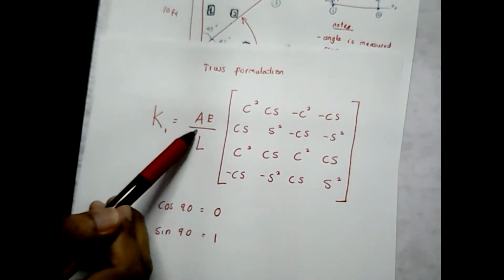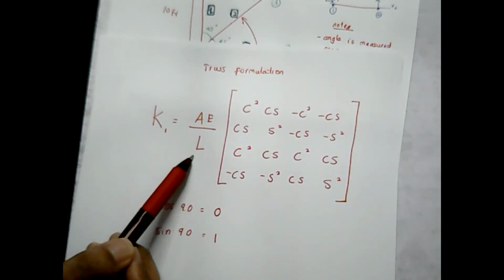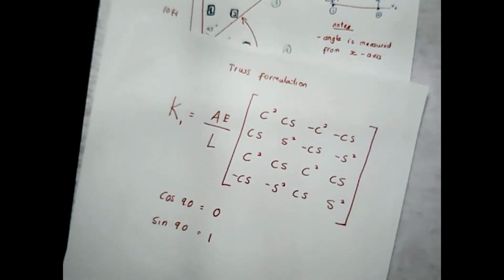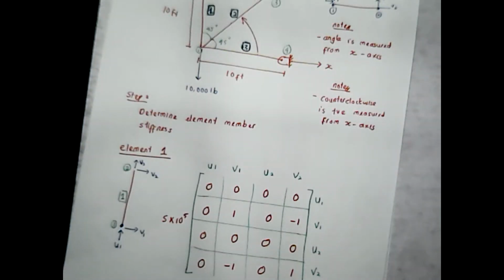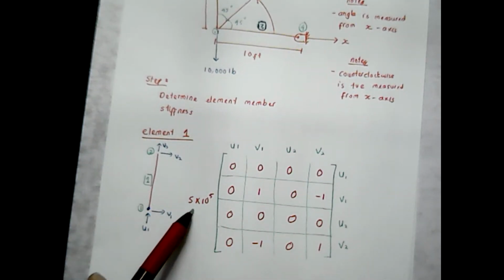The 5 times 10 to the power of 5 is calculated based on the example given in the question, where you calculate A times E over L. When you calculate that, referring to the example, you get 5 times 10 to the power of 5.